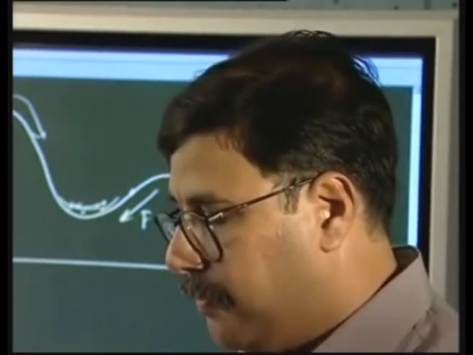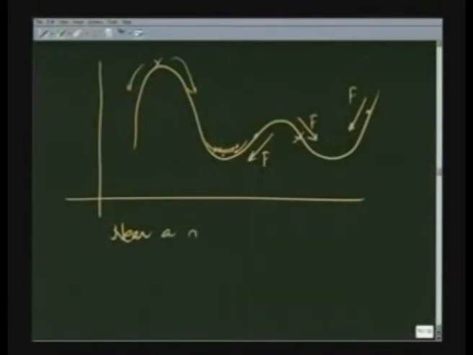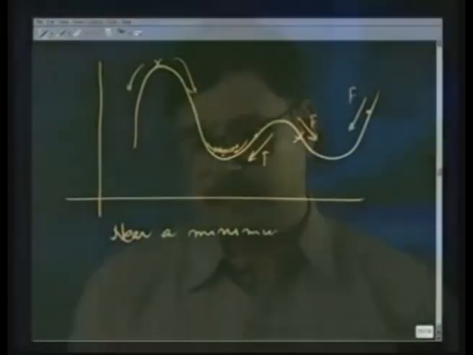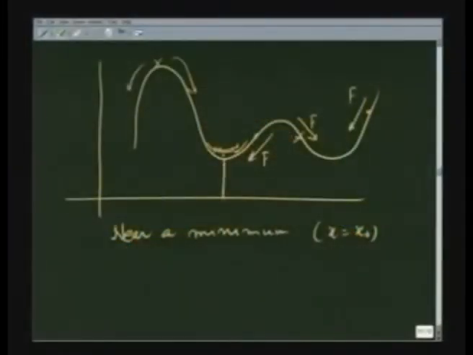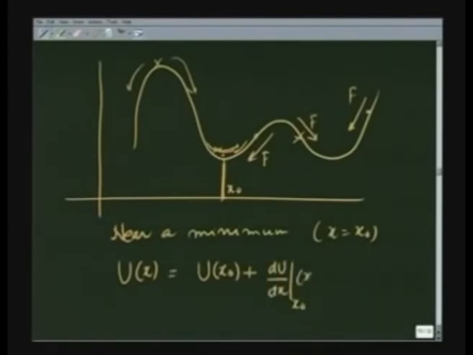So, near a minimum, and let us call that minimum x equals x0, I have u(x) slightly away from the minimum, by Taylor series expansion, as u(x0) plus du/dx at x0 times (x minus x0), plus 1/2 d²u/dx² at x0 times (x minus x0) squared.